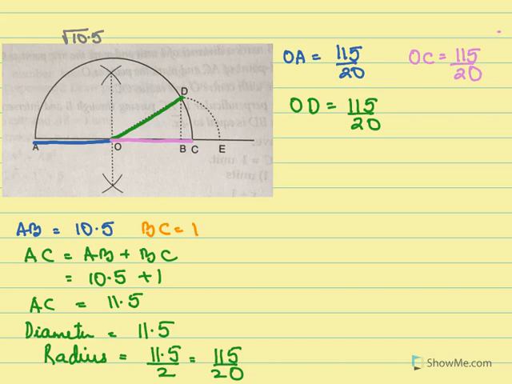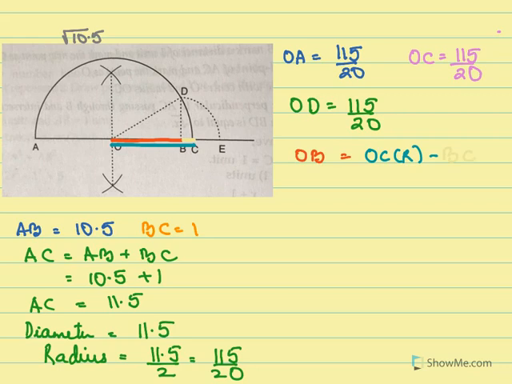This is the second step. Now we need to find our OB. To find OB, if you see OB is equal to this entire, which is that entire OC, which is radius, minus this part here, minus BC, and BC is 1. We have taken BC as 1.